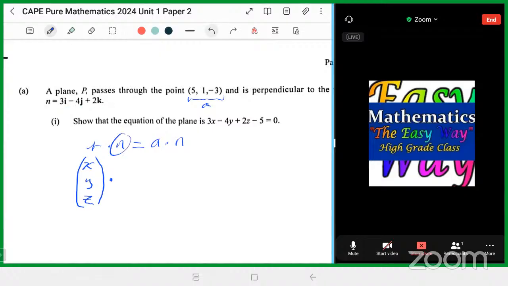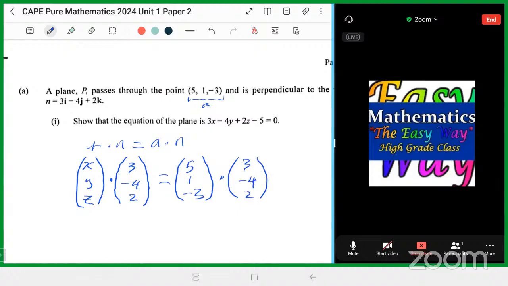As a column vector, it will be 3, negative 4, 2. That's the vector equals the vector for the A point, which will be 5, 1, negative 3 from these coordinates. Doing the scalar product again with the n, which is 3, negative 4, 2.